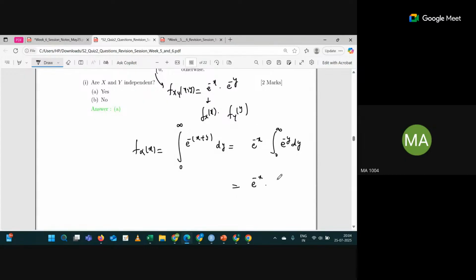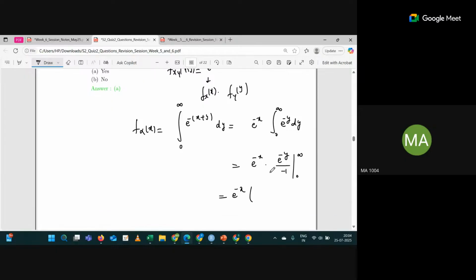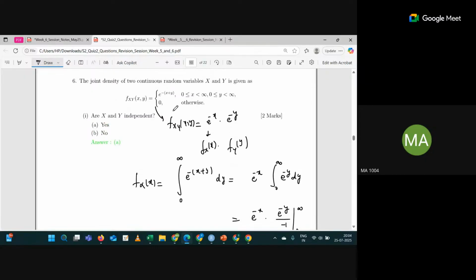So it will be e raised to power minus x, and e raised to power minus y divided by minus 1, from 0 to infinity. If you solve this, e raised to power minus infinity will be 0, minus of e raised to power 0 will be 1. So fx of x is nothing but e raised to power minus x. Then similarly fy of y will be e raised to power minus y. Is this clear?